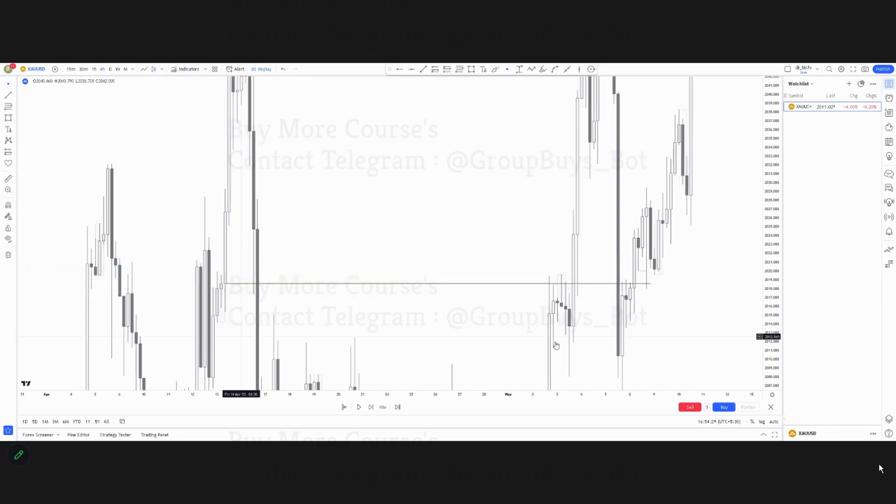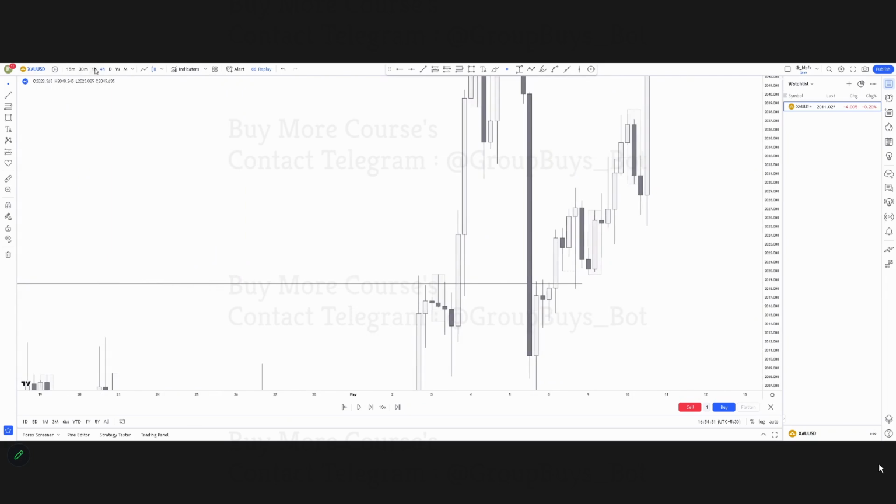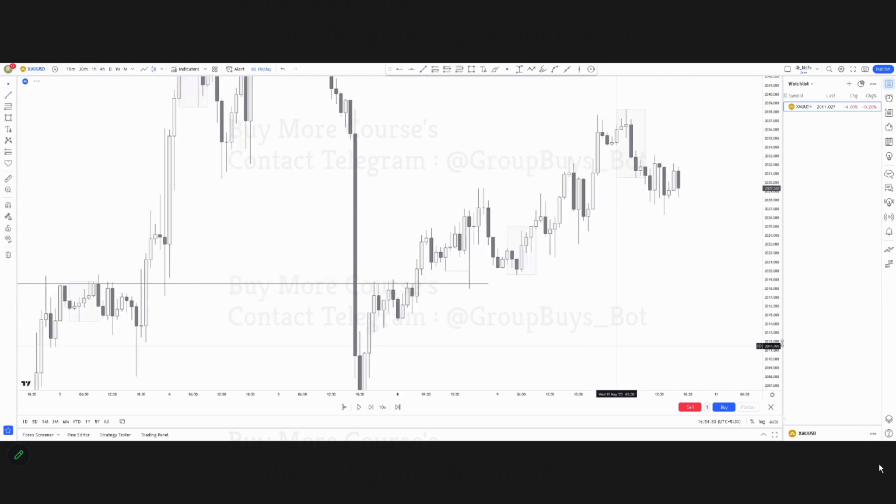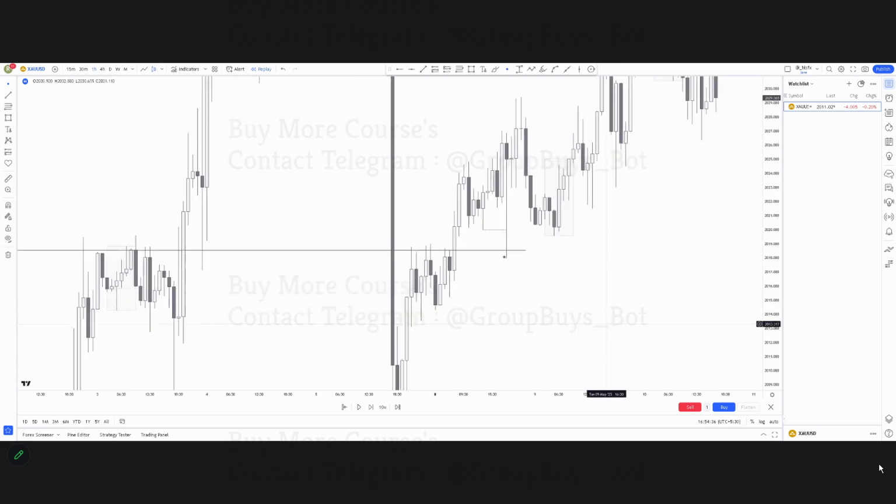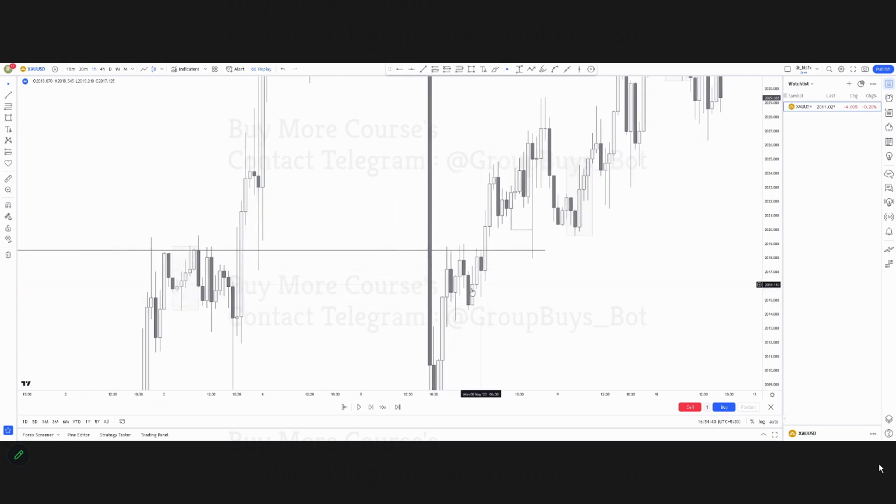I took my decision point one time frame above. Basically, you need to come from a higher time frame. If you can't find a decision point on the higher time frame, you can look on the same time frame where you saw your strong low. So now we have a decision point here.